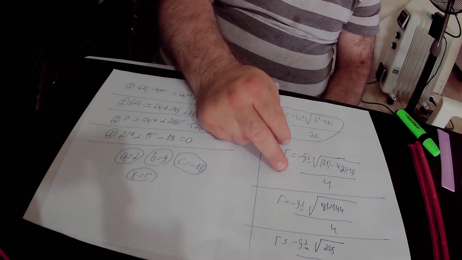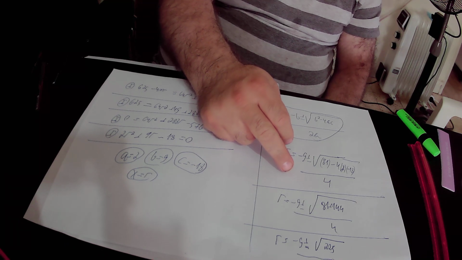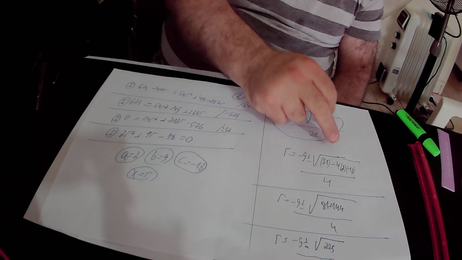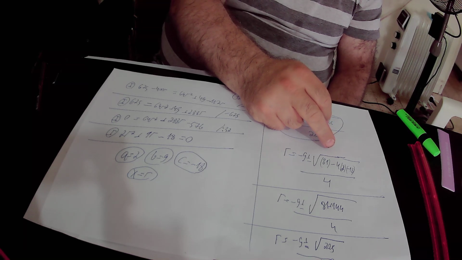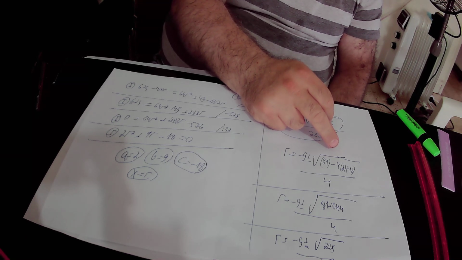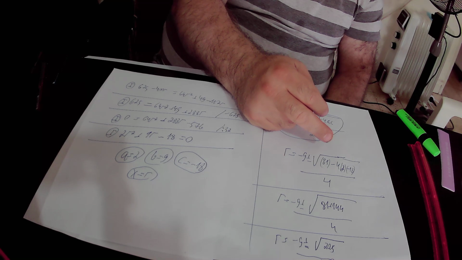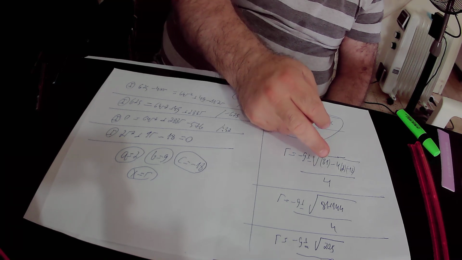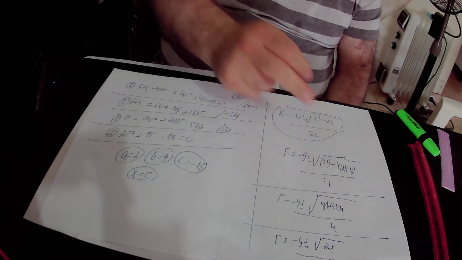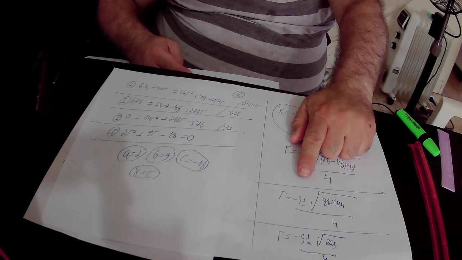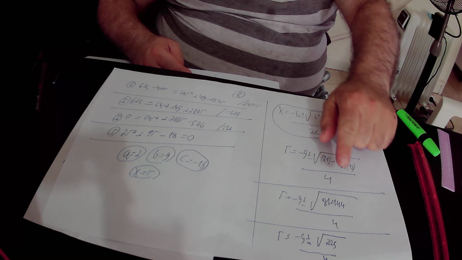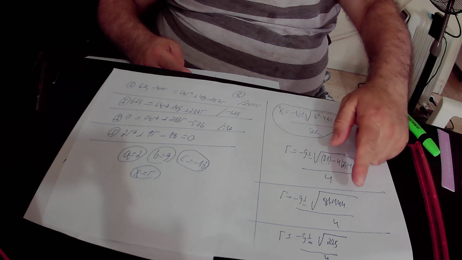Minus 4 times 2 is minus 8, and minus 8 times minus 18 is plus 144. So inside the root we are left with 81 plus 144, and r equals minus 9 plus minus the square root of 81 plus 144, over 4.